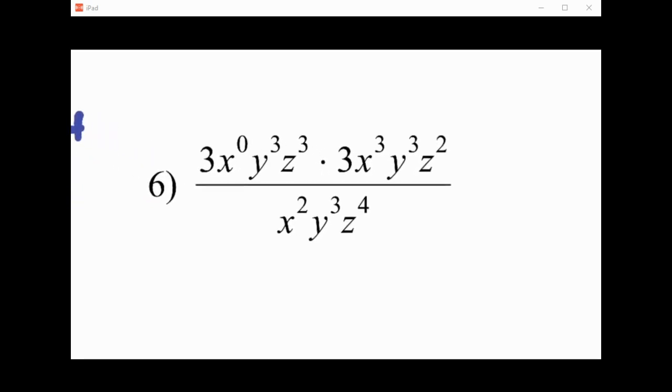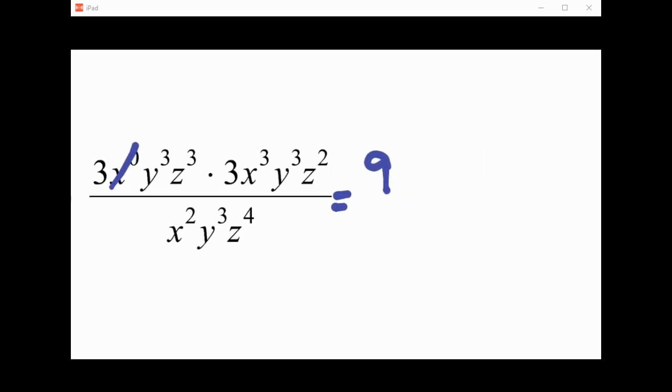Okay, this one looks crazy because it's got all the three things, but same rules apply. If you just take it one step at a time, it shouldn't be too bad. So I crossed off the 0 and multiplied the big numbers. The x stays at 3, y adds together to become 6, and z adds together to become 5.